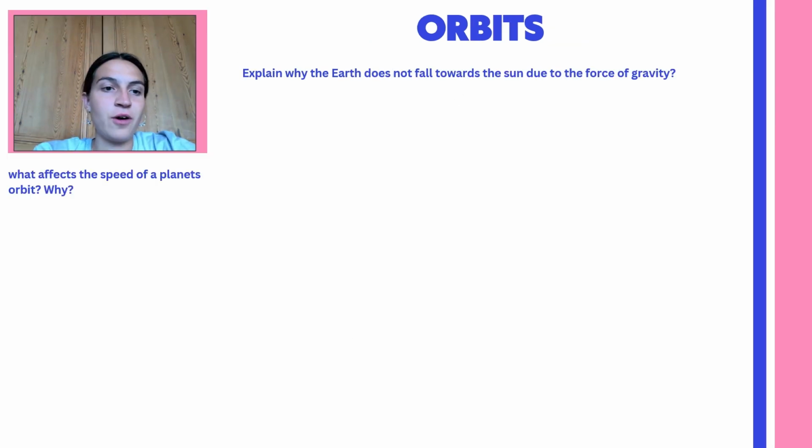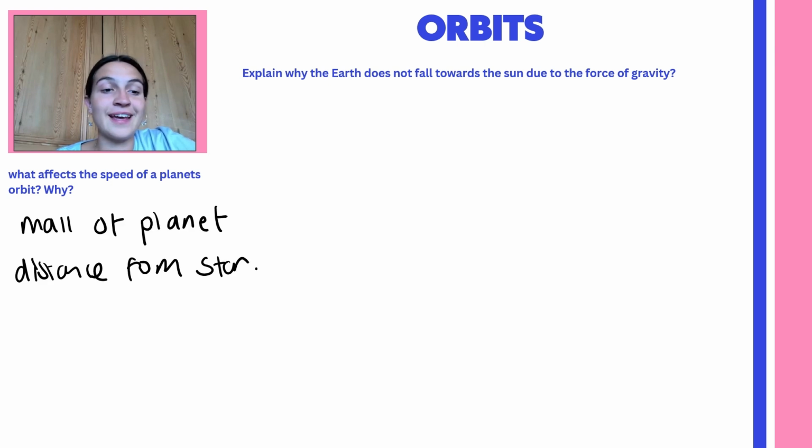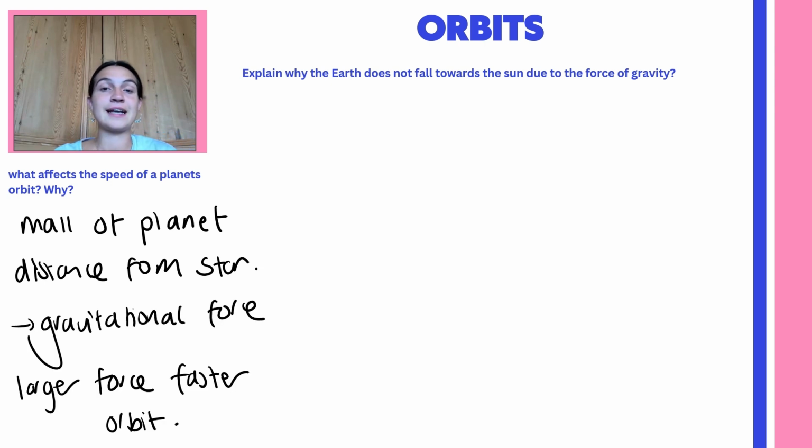Okay, orbit. What affects the speed of a planet's orbit? So that will be the mass of the planet and the distance from the star. So why would that be? Basically, it's those two factors that contribute to the force of gravity which is acting between your planet and the star.